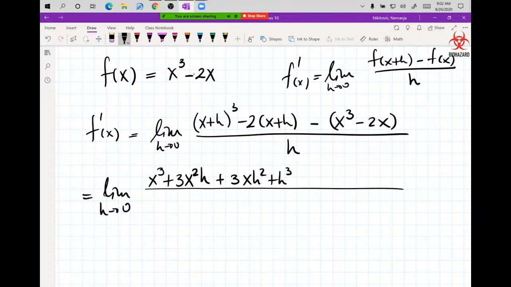Those of you who are into learning the formula, note that your x's drop in power as h's rise in power. So you have a single x and 0 h's, then x goes down to 2, then 1, and then 0 exponent, and h goes 0, 1, 2, 3. And your coefficients are 1, 3, 3, 1.